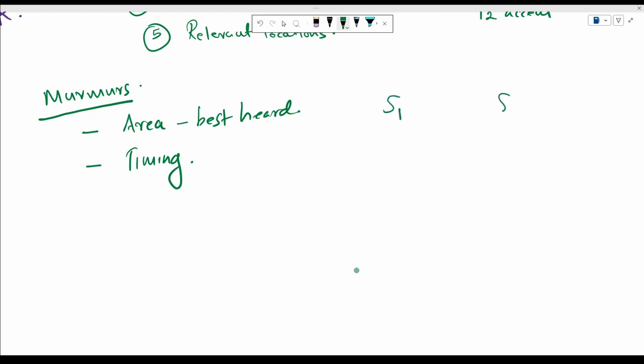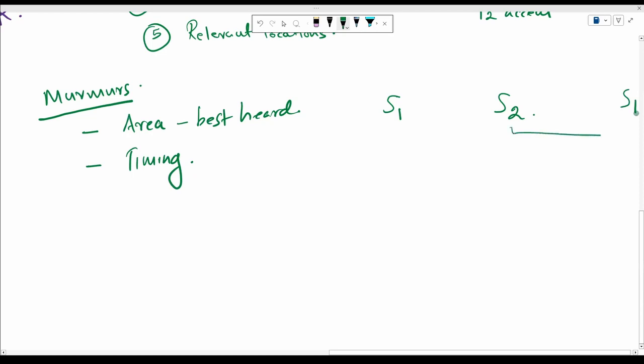S1 and S2. So you would know that whenever you feel the upstroke of the pulse, the sound closer to the upstroke is the S1. Usually the gap between S1 and S2 is a smaller gap compared to the gap between S2 and S1.